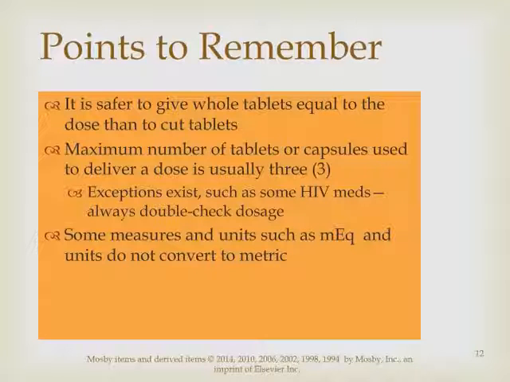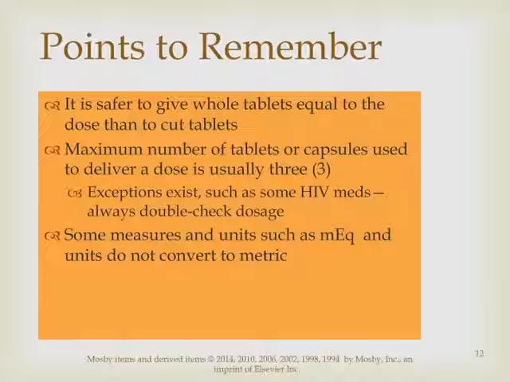More key points. It's safer to give the whole tablet rather than to cut tablets. And the number of tablets that you should administer is not any more than 3. And there are some exceptions, but when you are doing your own calculations on any of the practice problems, if you come up with some amount like 6 tablets that you have to give to a patient, you need to rethink your answer and be sure that you've done your calculations properly.